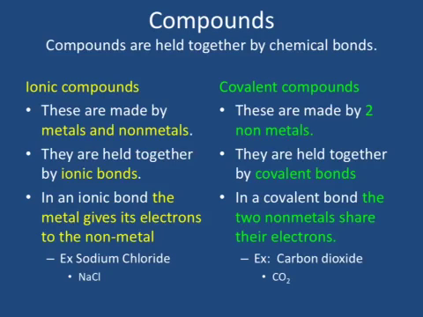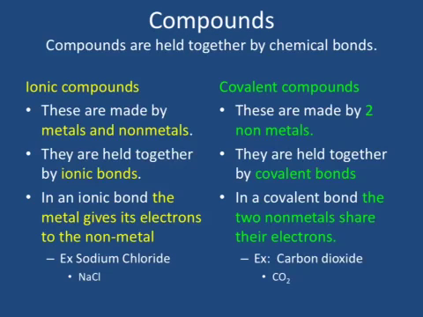Now, there are two kinds of compounds, ionic compounds and covalent compounds. Let's start by talking about the ionic compounds. So ionic compounds are made by metals and nonmetals. And on your note sheet, you're supposed to just circle the right one.